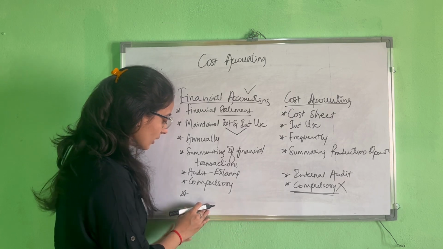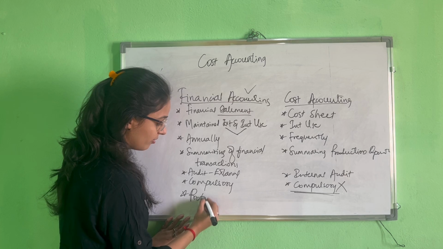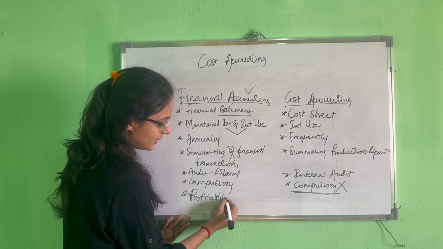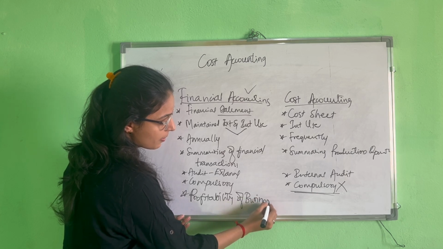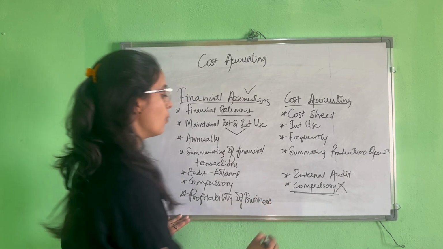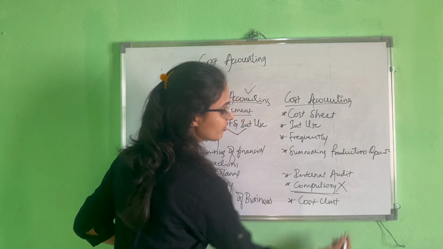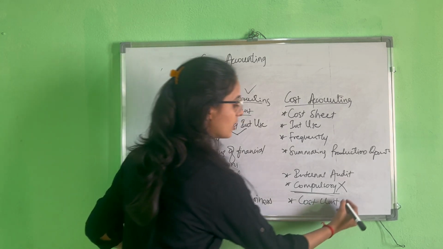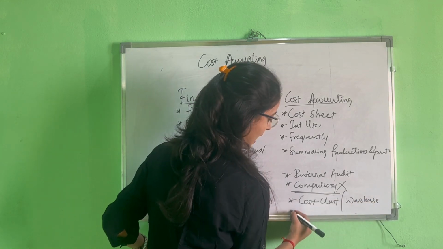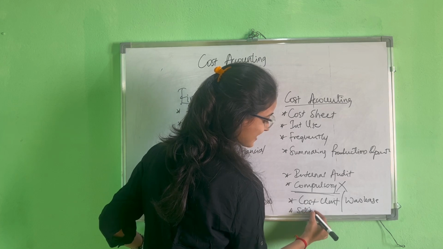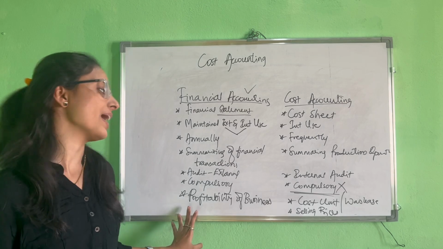Again, financial accounting gives us the complete scenario of profitability of the business, whereas cost accounting gives us information of cost per unit, helps to reduce wastages, and helps in ascertaining or setting the selling prices.